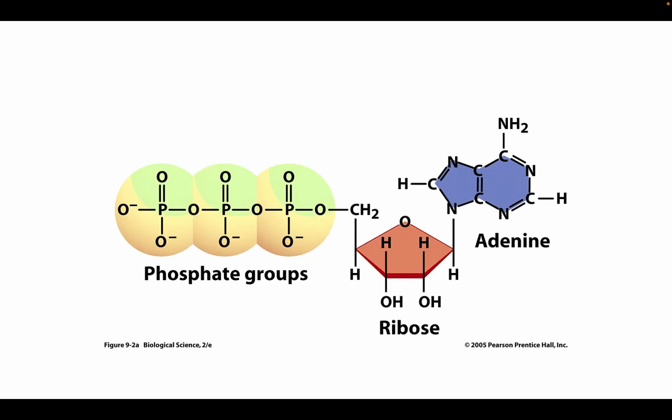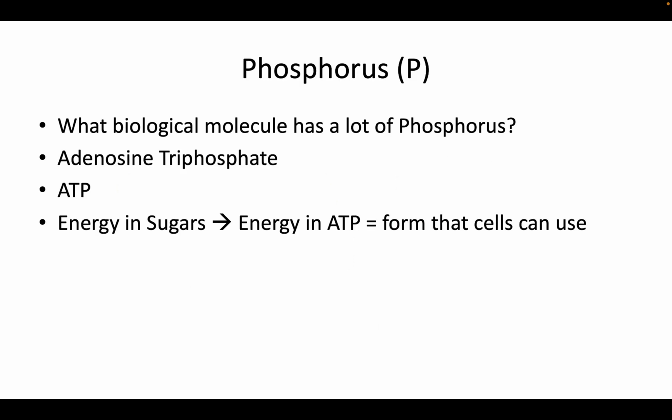Now we can look at the molecule in which phosphate or phosphorus plays a major role. There are a couple of different things, but this is really the most important one as far as an organism and its energy. You see three phosphate groups here. Think of an organism that has triphosphate in its name, and hopefully you came up with ATP, adenosine triphosphate.